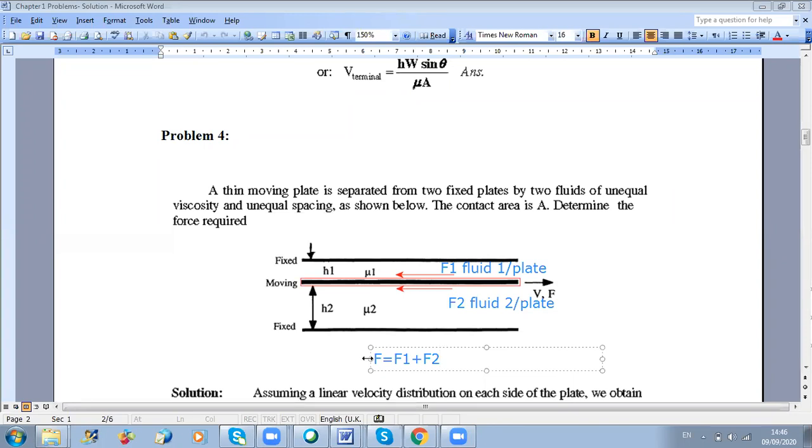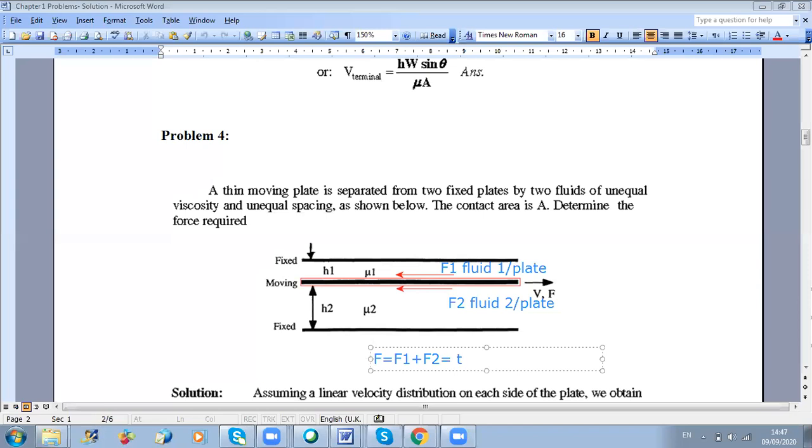Because by the principle of action-reaction, the force of the fluid on the plate is equal and opposite to the force of the plate on the fluid, okay? And the force of the plate on the fluid is a shear force, and I can write that it's equal in magnitude to the shear stress.